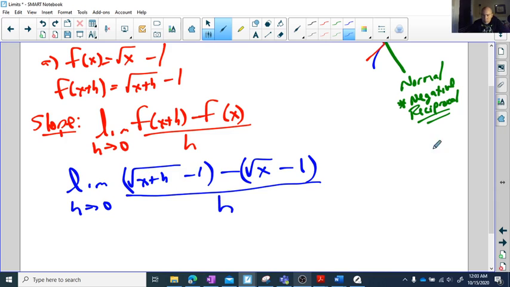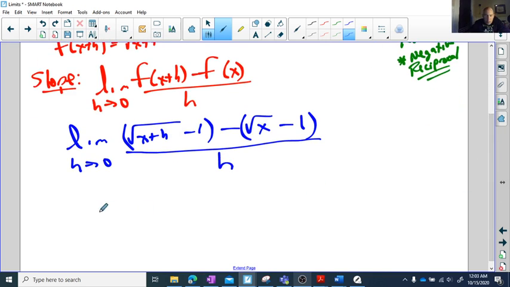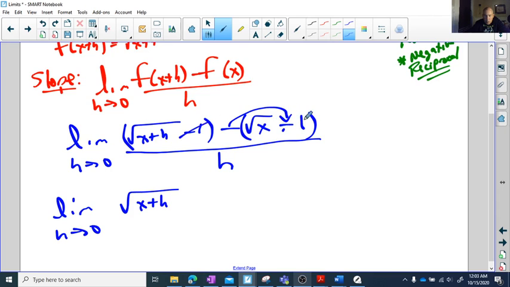All right, let's clean this up and see what we're dealing with here. So limit as h goes to 0, square root of x plus h. Now this minus 1 and this minus is going to go through here and switch that to a plus 1, so they're going to wipe each other out. So I'm down to this.